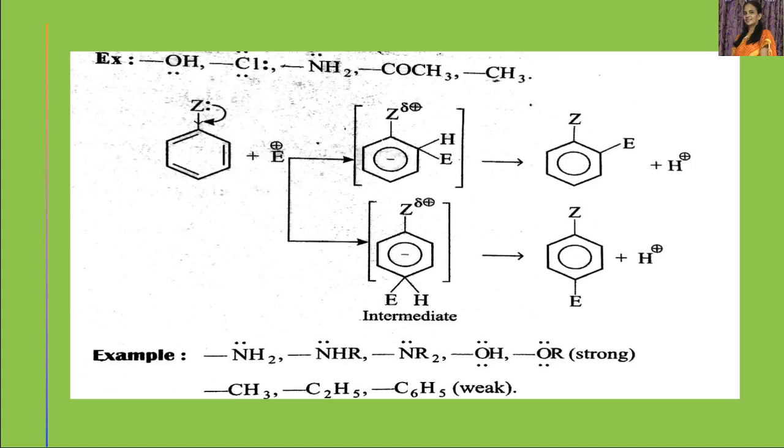Now let's discuss the activity of these ortho-para directing ring activating groups with one specific example. Let's consider the amino or methyl group etc., and explain the formation of ortho and para disubstituted products.